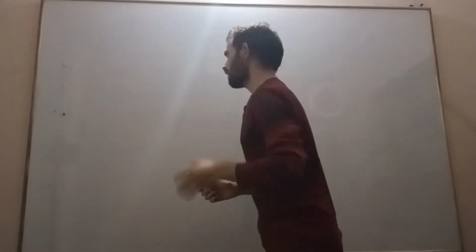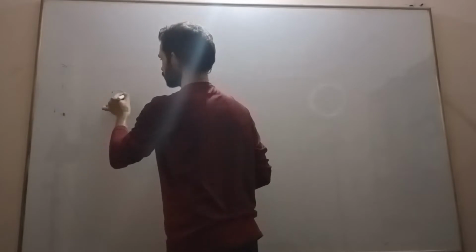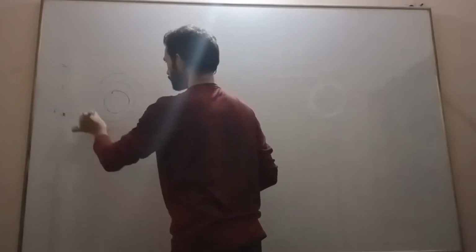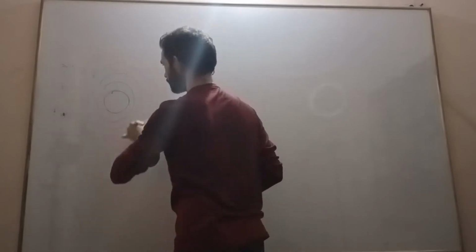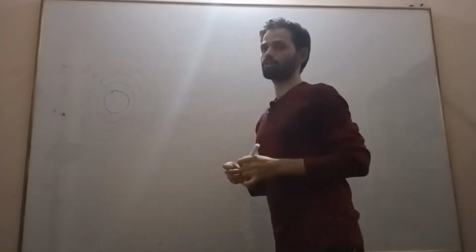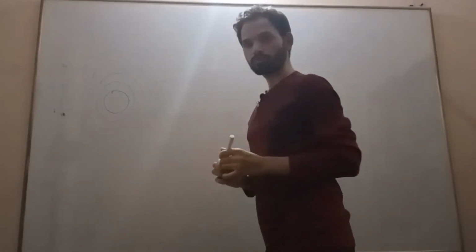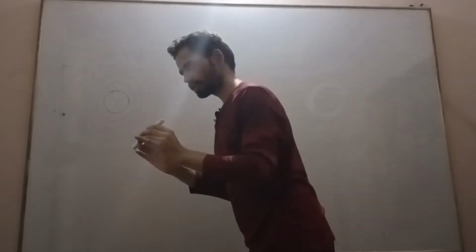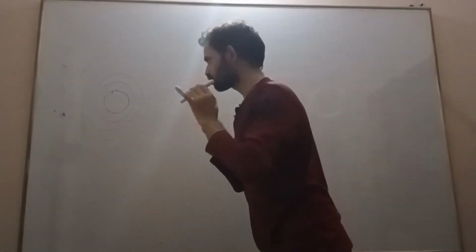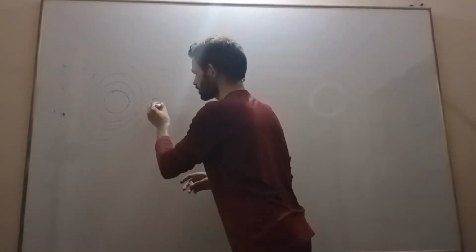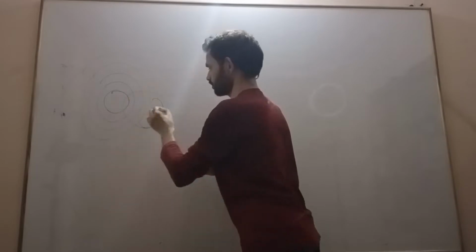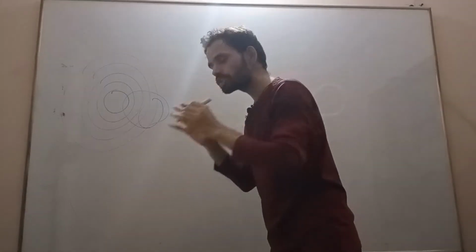As we see, these are the energy levels, or orbits, or energy shells. Now let's take a microscope and zoom in on this energy level. What is inside the energy level?